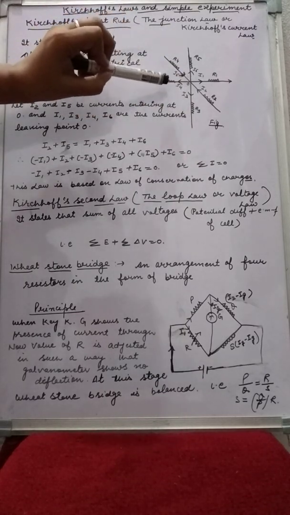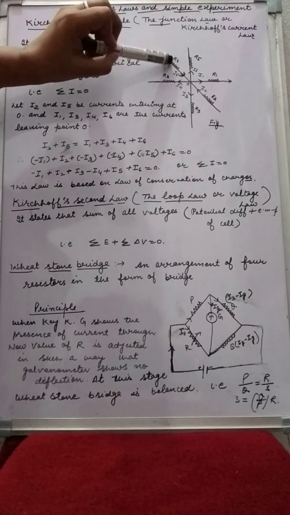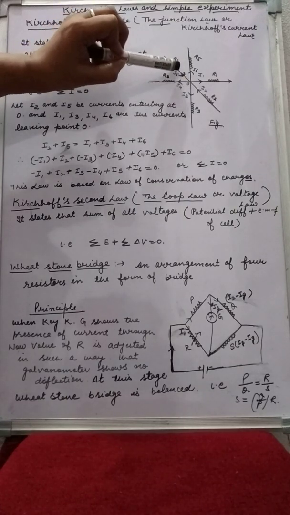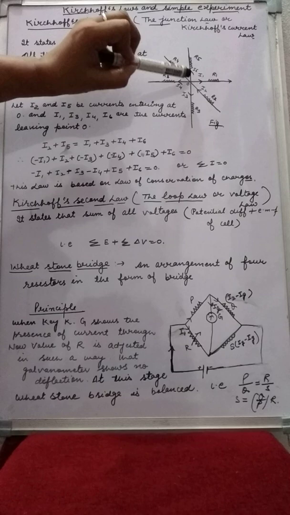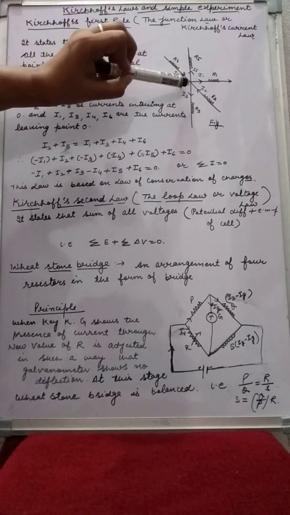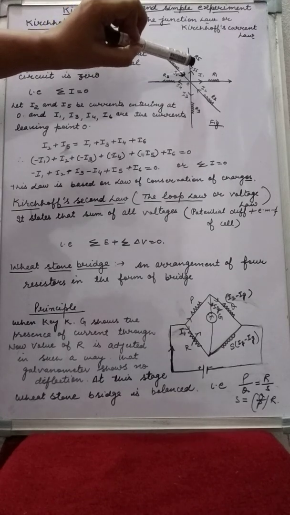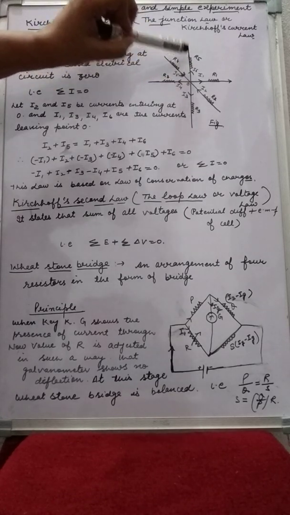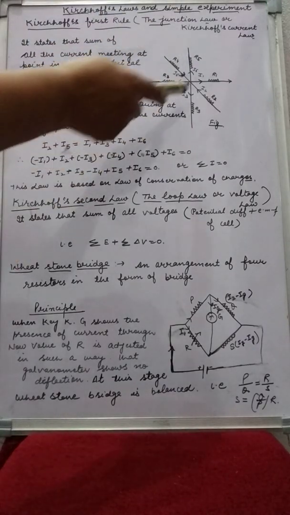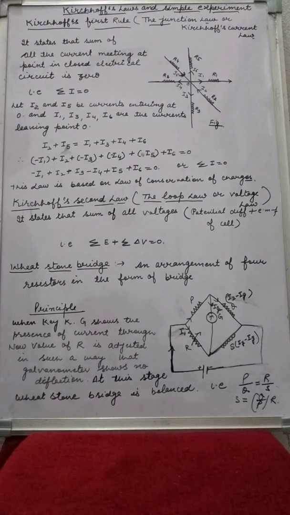I4 is also leaving this junction, and I5 is the value of the current which is entering the junction, or you can say entering the point O. And the current I6 is also leaving this junction.